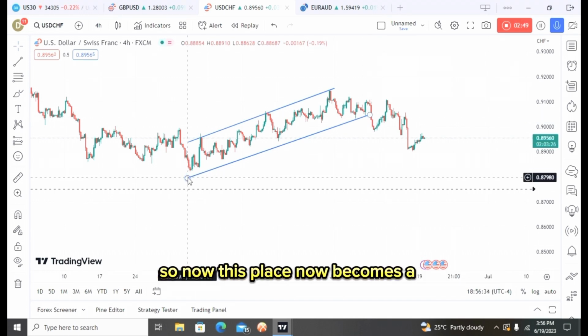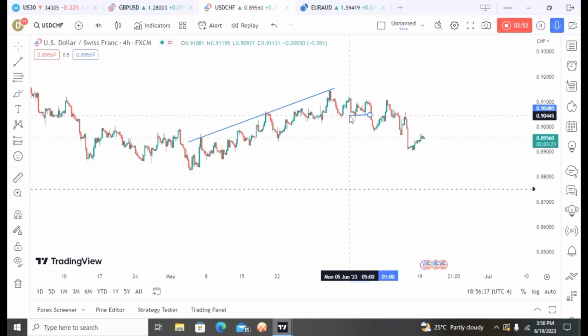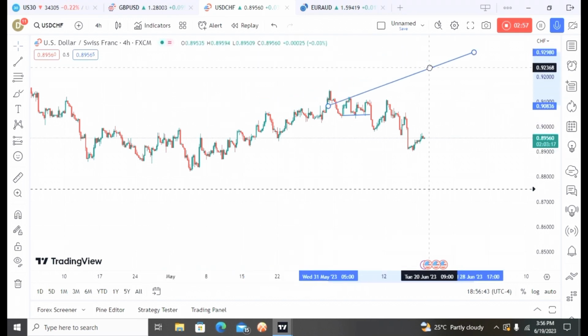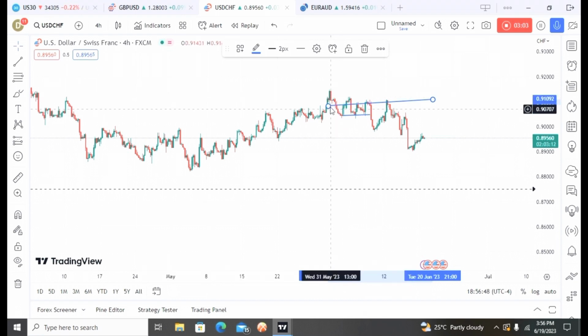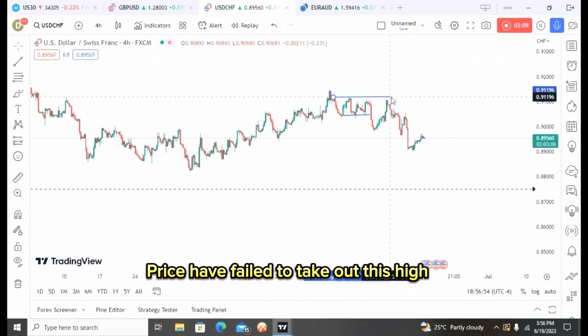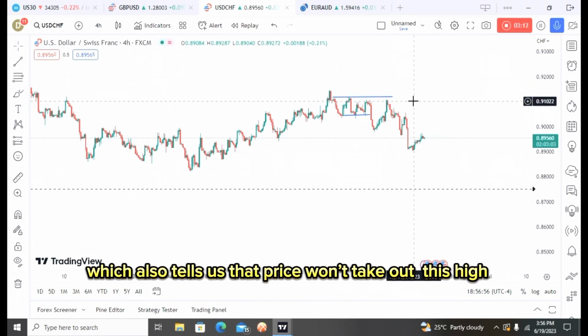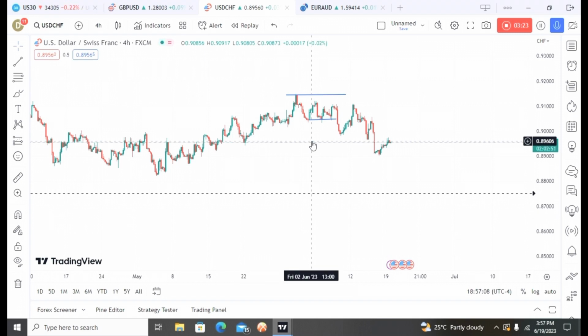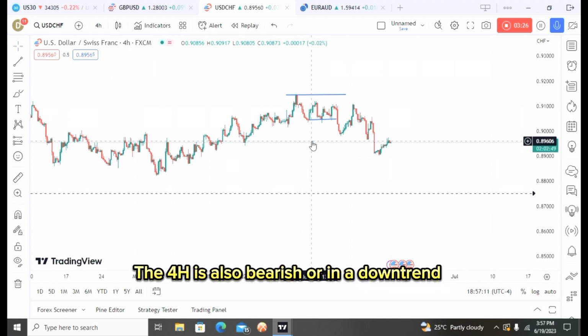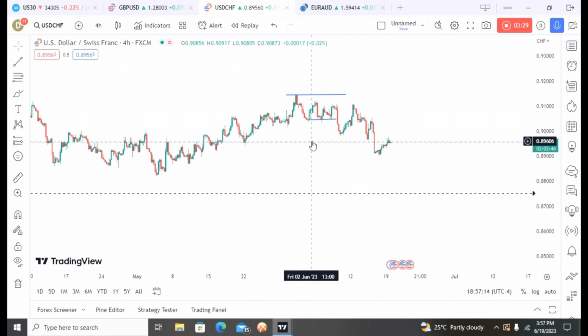So now this place becomes the break of market structure. And if you check, price has failed to take out this high here, which tells us that the 4 hours is also saying bearish or downtrend.